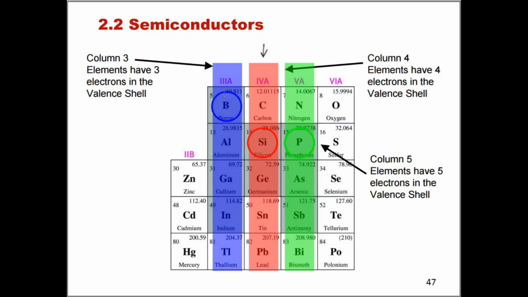By contrast, boron is in the third group, so it has 3 valence electrons, and phosphorus is in the fifth group and has 5 valence electrons. I'm pointing this out just because we will come back to this in a moment, and we will use this information when we discuss doping.